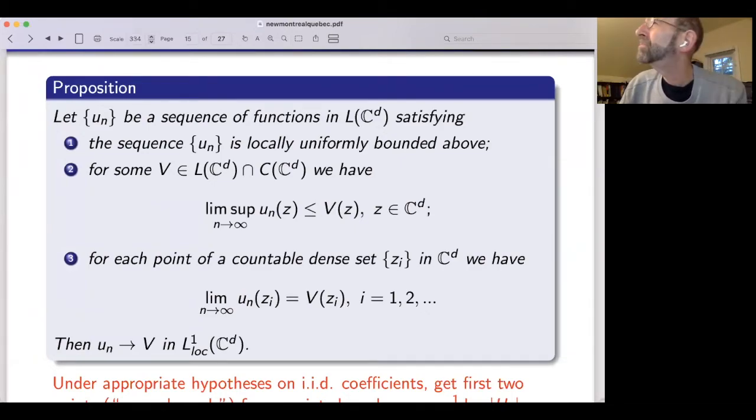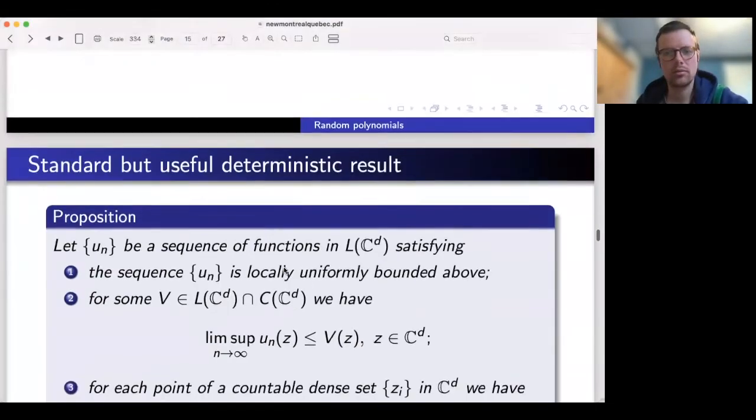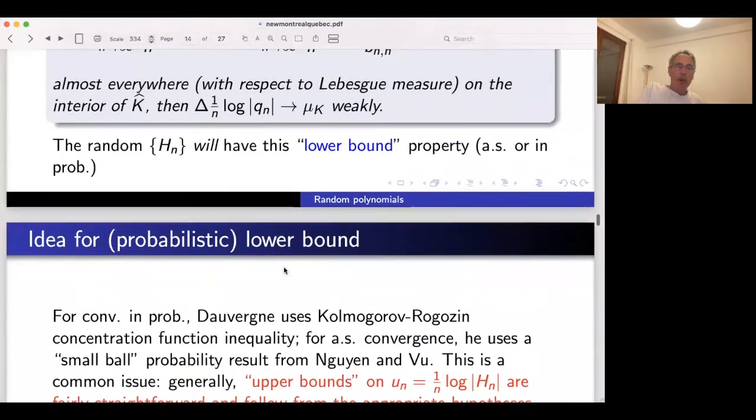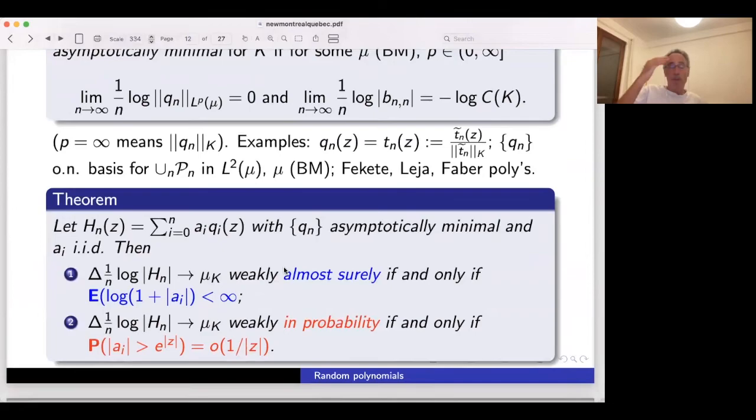Are there other versions of the results where you put other hypotheses on the coefficients a_j and then get other kinds of convergence? In the scheme of things, Maxime, I'm not sure exactly how to answer that.